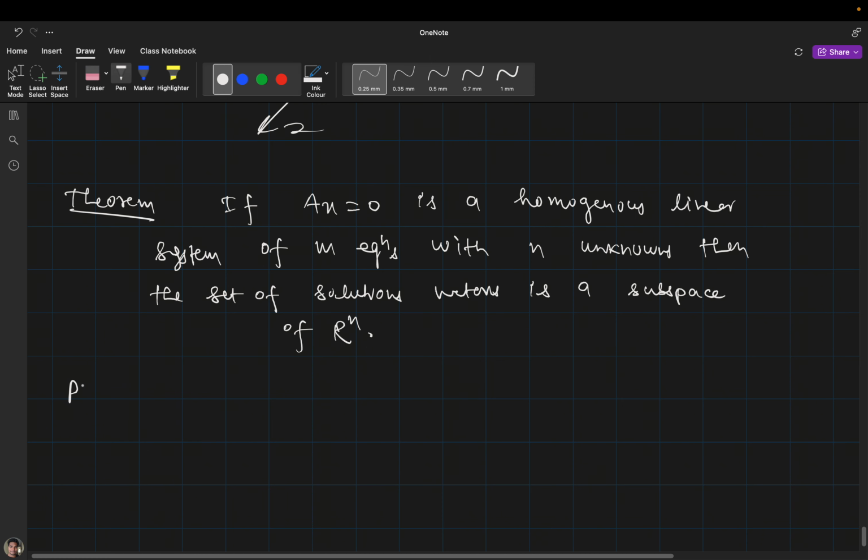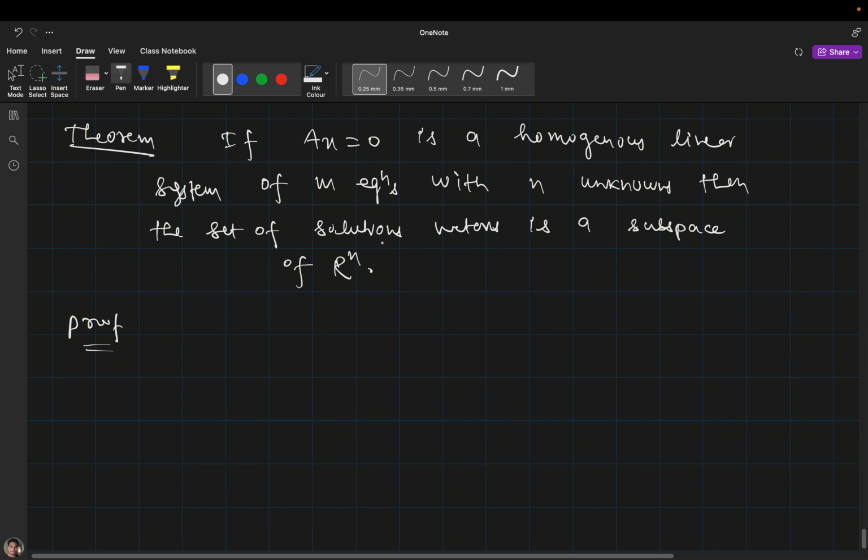Let's prove this. What it is saying is, you have a homogeneous system of linear equations Ax equal to 0. Now it is saying that the whole solution set will form a subspace. What is the requirement of a subspace?